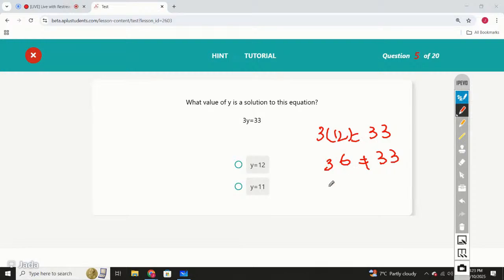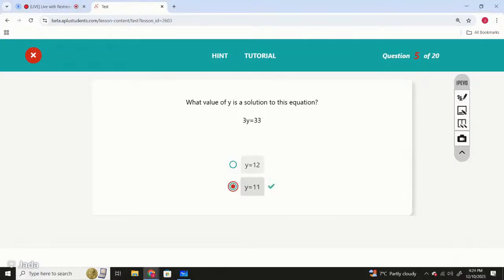Let's try the second one, 3 times 11 equals 33. 33 is equal to 33. So y equals 11 is the correct option because that satisfies the equation. Option number 2 is the correct option.